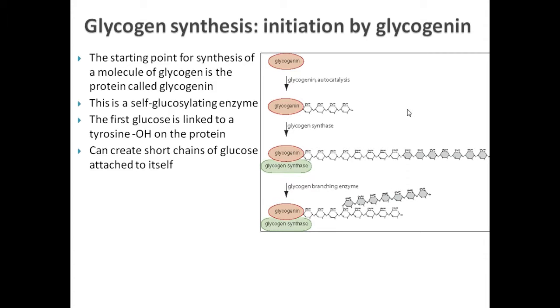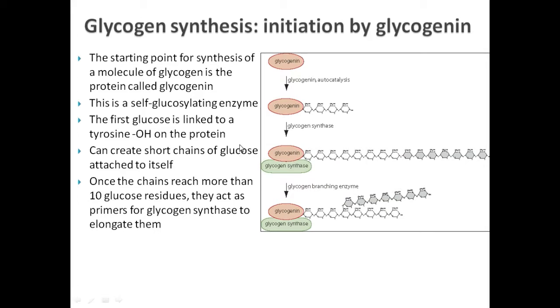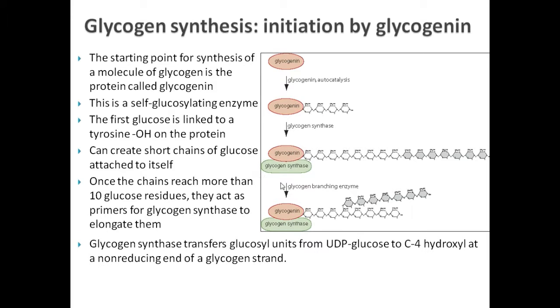So it can create short chains of glucose attached to itself, and once the chain reaches more than 10 glucose residues, they will act as a kind of primer for glycogen synthase to elongate them. So once glycogenin has 10 or more glucose residues attached to it, the glycogen synthase can attach to this complex, and it'll allow the addition of a lot more glucose residues to it.